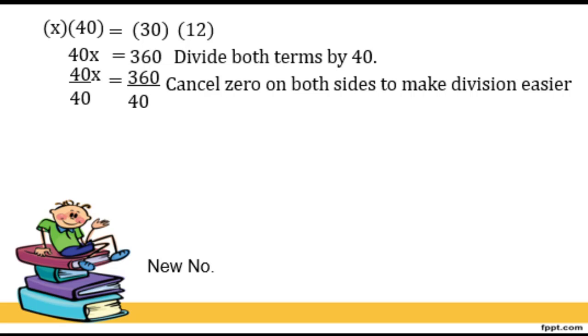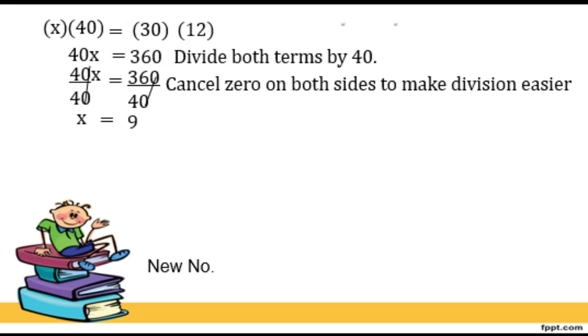Next, of course, 40 over 40 is 1, so you cancel that and we have x. And then 36 divided by 4 is equal to 9.